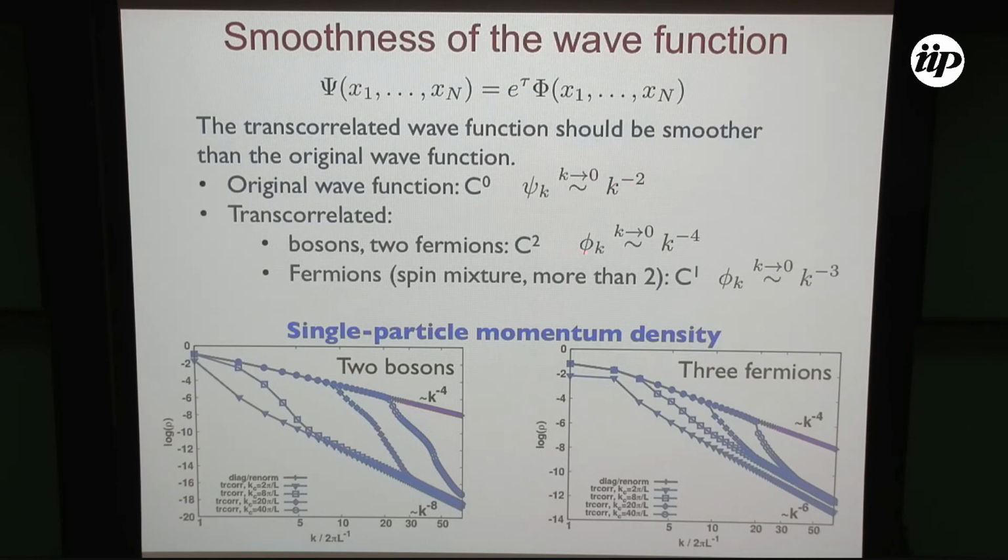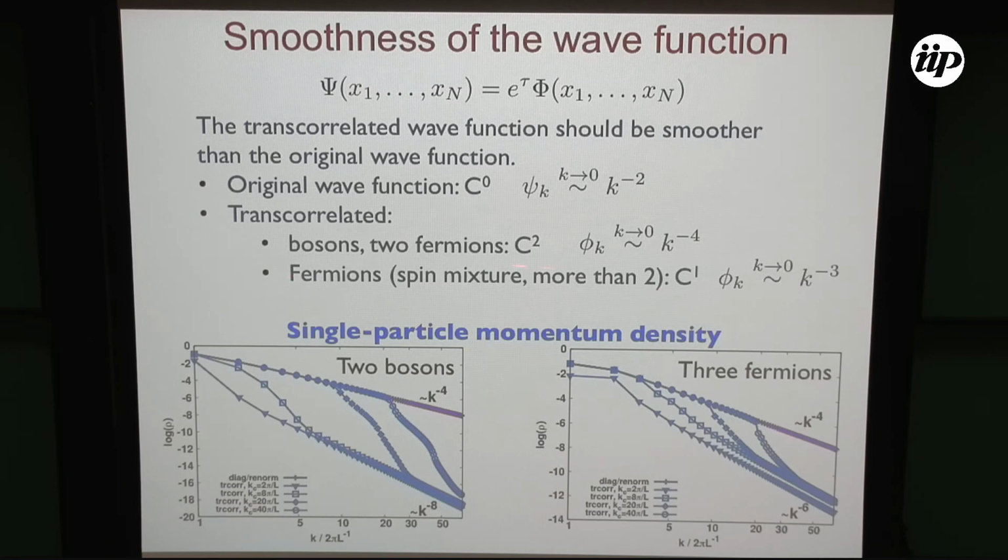The transcorrelated wave function becomes smoother now. For bosons or two fermions, we can actually prove, and we have also checked that on examples, that this goes down to C2, or k to the -4. So this is now twice differentiable and still continuous.